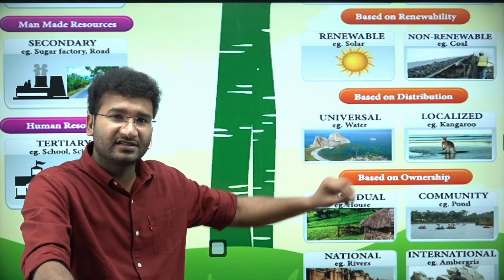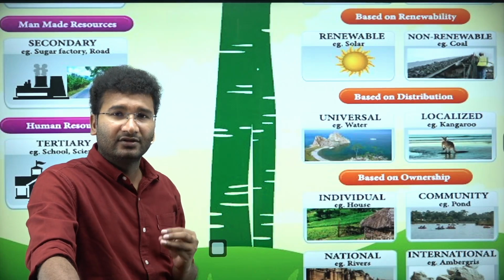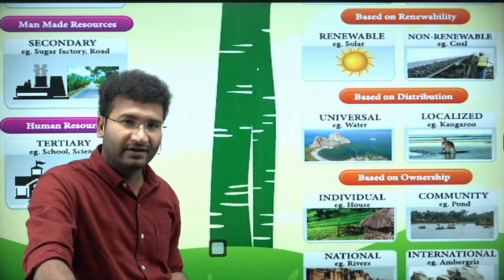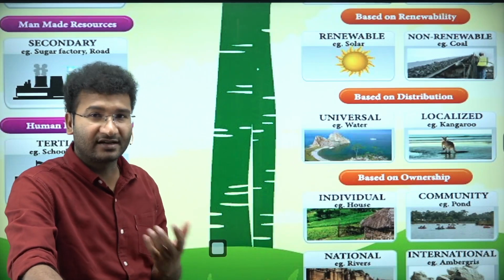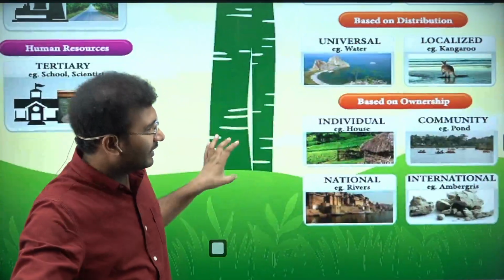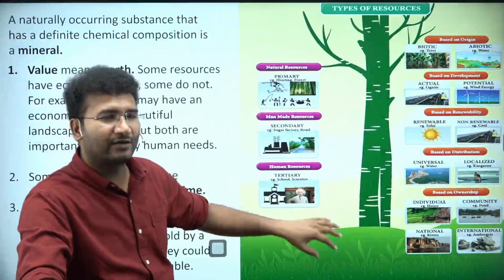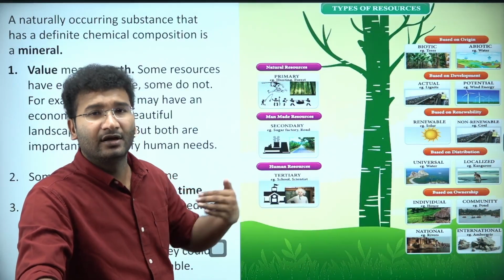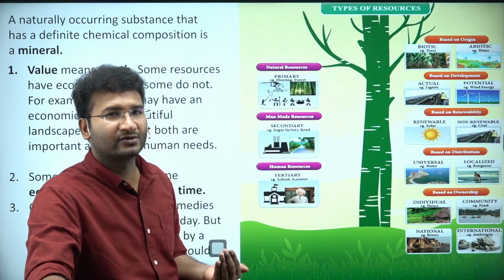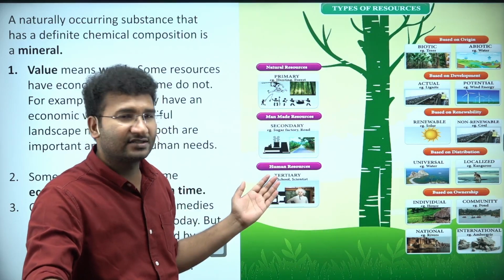That red sanders is a local resource, right? Local resources usually have larger value. A local resource has larger value, a universal resource has lesser value. Likewise, based on ownership: individual, community, national, international, public-private partnership, or government-owned resource. In this manner, you can classify resources.